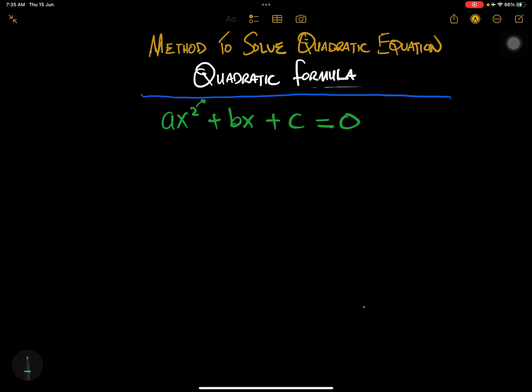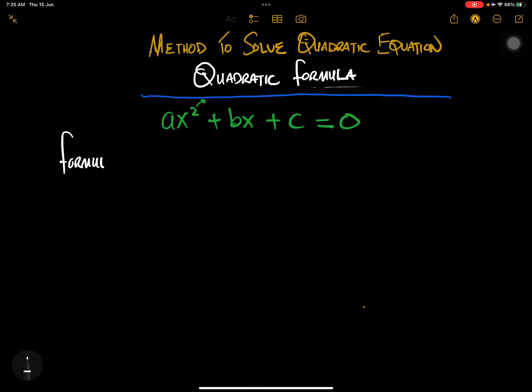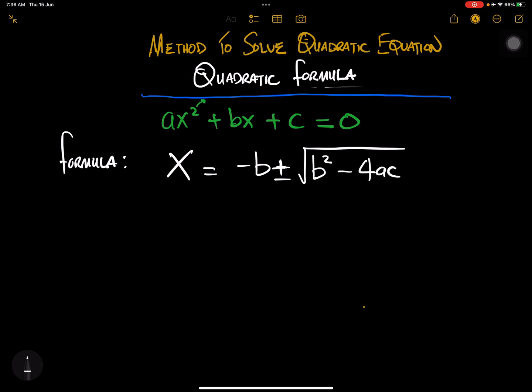Now, the formula says the value of x is always equal to minus b plus or minus the square root of b squared minus 4ac, all divided by 2a.